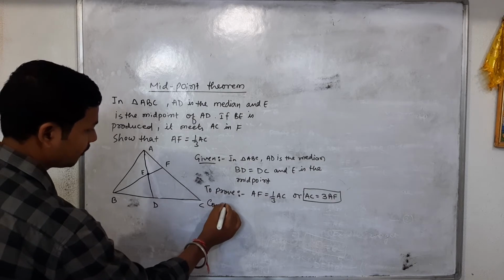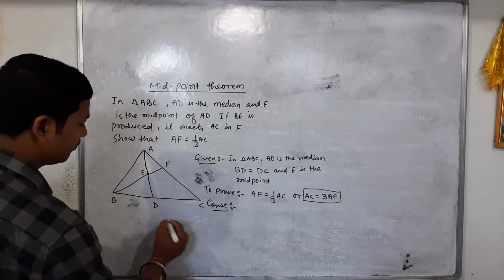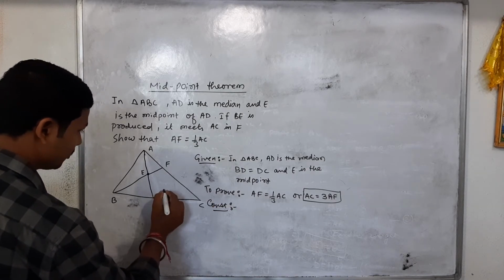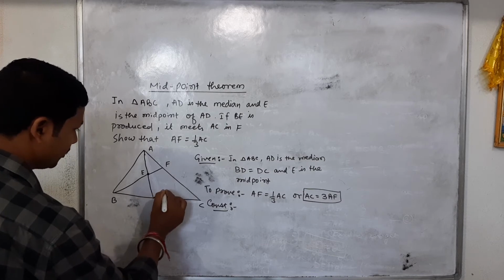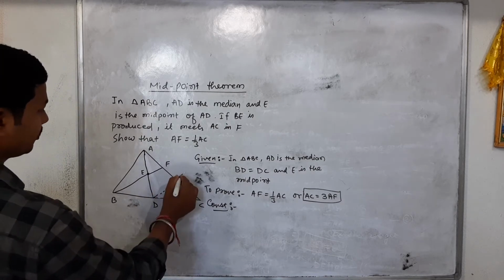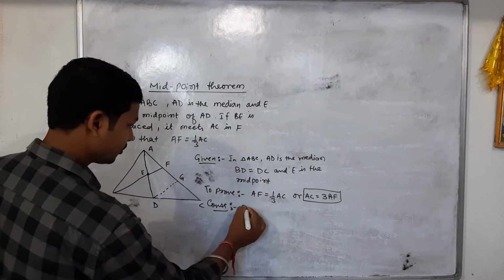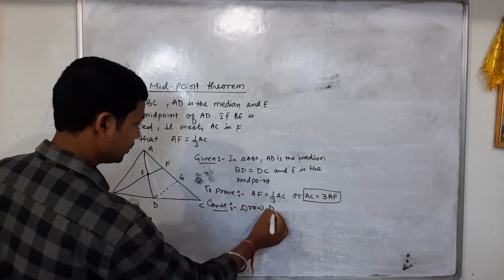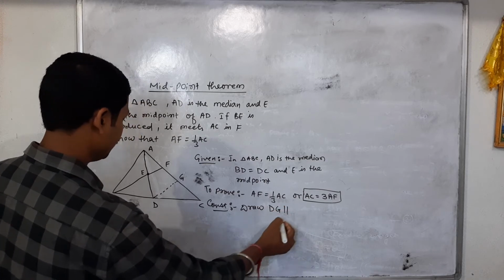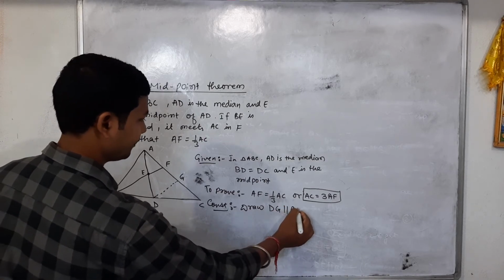Construction: we have to draw a parallel. From D we draw a parallel, that is DG. DG is parallel to BF.